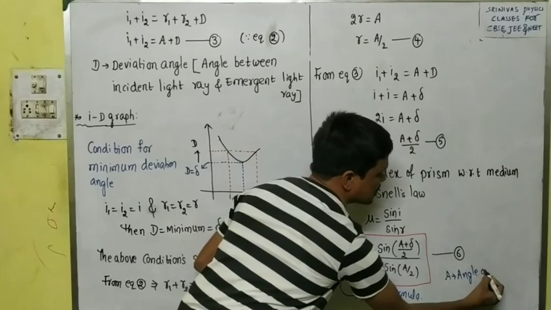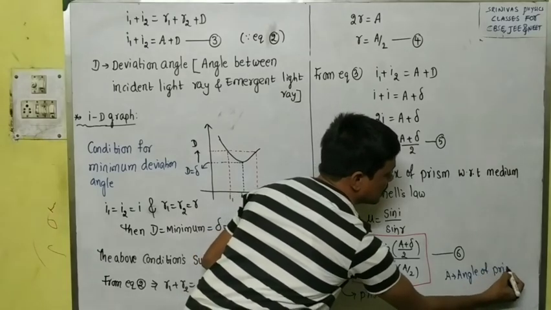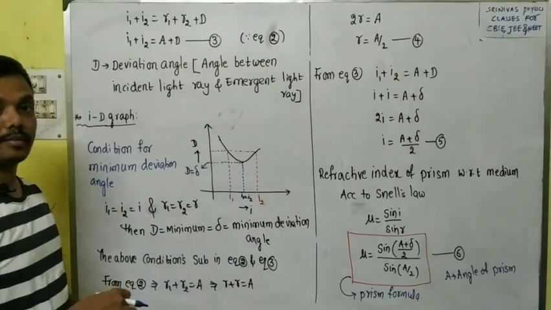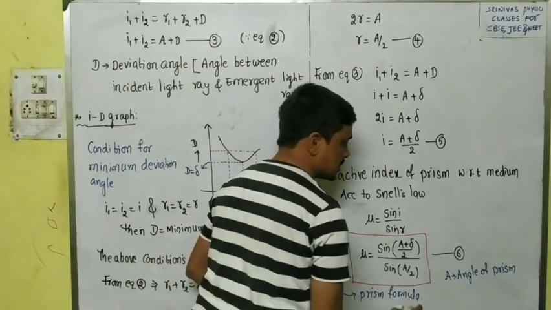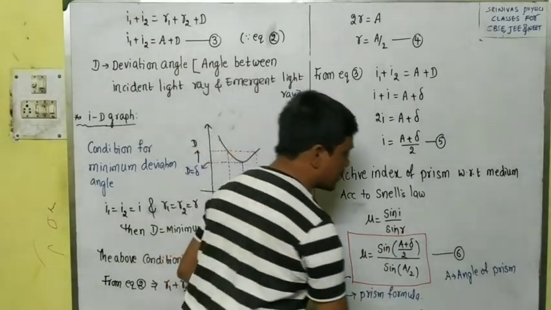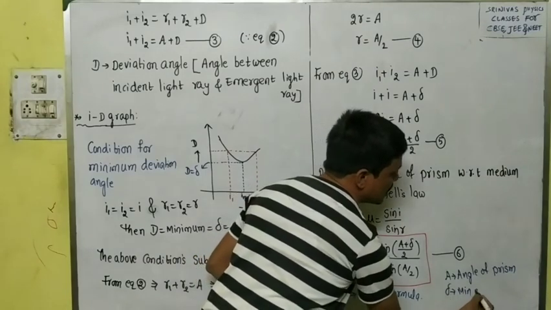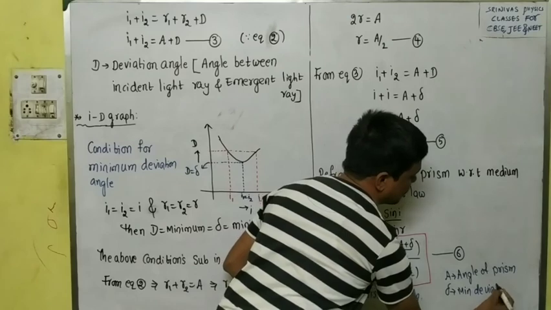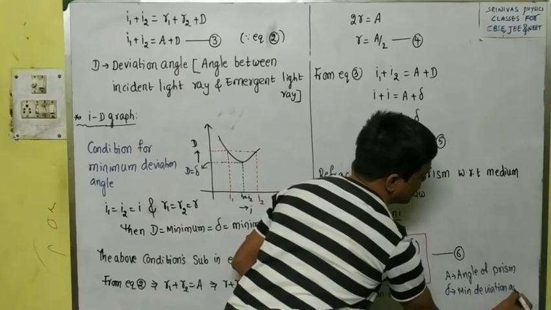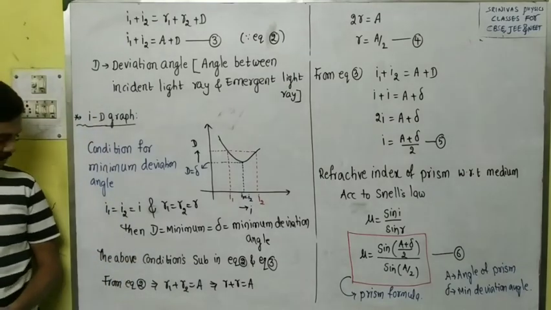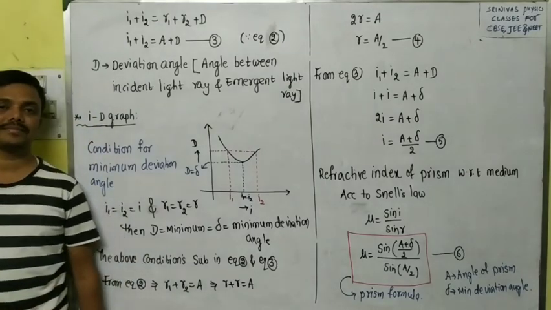The angle of prism will be 60 degrees in the case of an equilateral prism. Delta is the minimum deviation angle. Thank you.